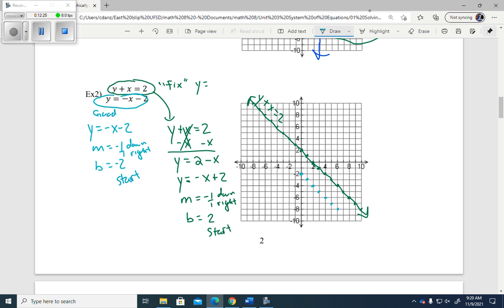They just started in a different spot. So if lines have the same slope but a different y-intercept, they're going to be parallel. That's always true.